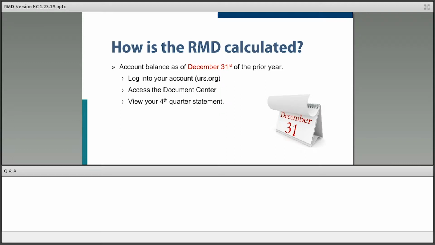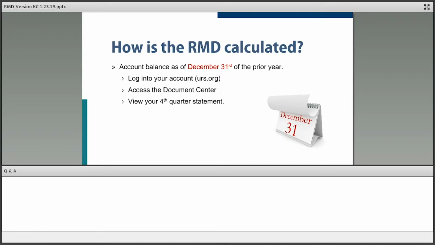Now, some of you may be wondering, where do I get my December 31st account balance, or where can I access that? Probably the easiest way to access your December 31st balance is to log into your My URS account, and that's really easy by going to www.urs.org, and then in the upper right hand corner you'll see where you can log into your account.